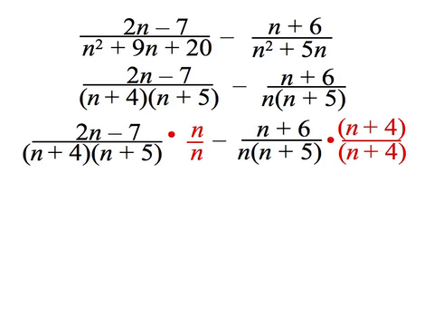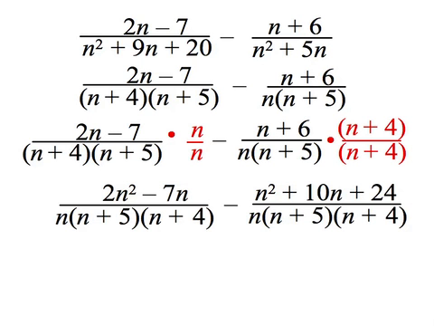The distributive property applies. We get 2n squared minus 7n, and we get the trinomial n squared plus 10n plus 24 in the second fraction. I brought down my subtraction symbol, and I chose to leave the denominator in factored form for now.